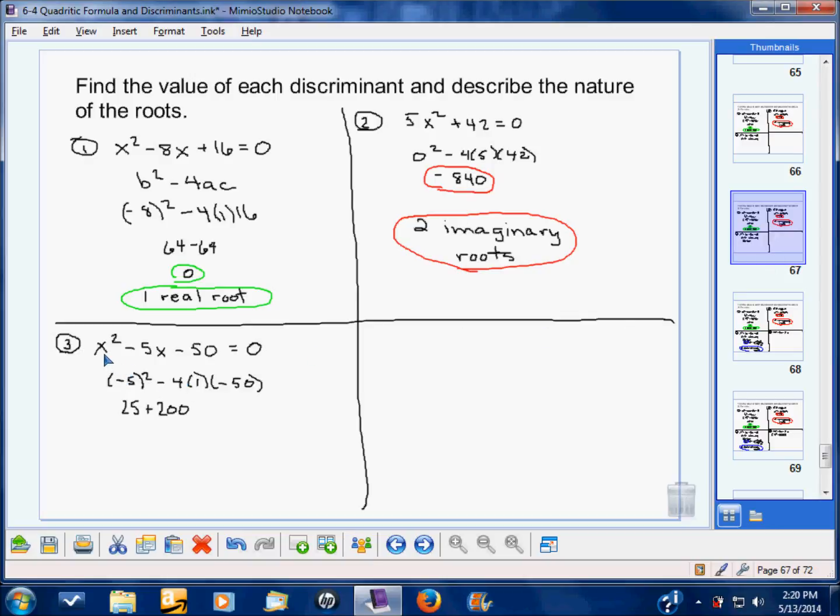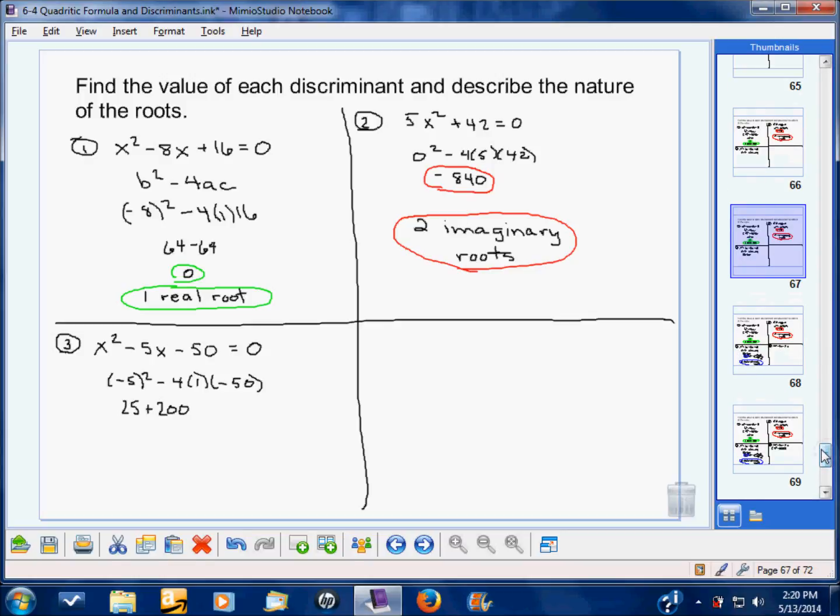Here we have x squared minus 5x minus 50. Took the liberty of starting it here a little bit. Negative 5 is B. 4 is always 4. 1 is A. And C is negative 50. So 25 plus 200, because minus negative makes plus, gives 225, which is 2 real.